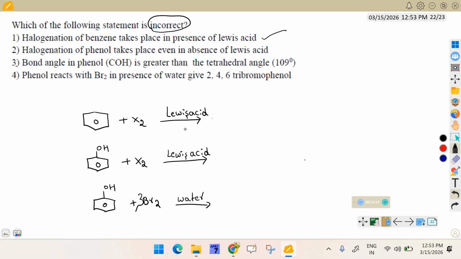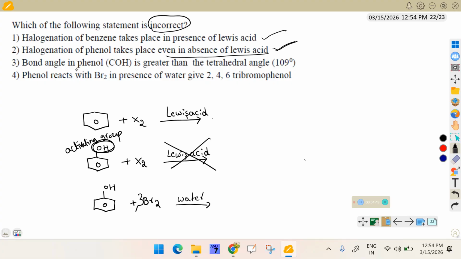It generates the electrophile easily. Halogenation of phenol takes place even in the absence of Lewis acid. Yes, it is also correct because the OH group is a highly activating group. That's the reason Lewis acid is not required.